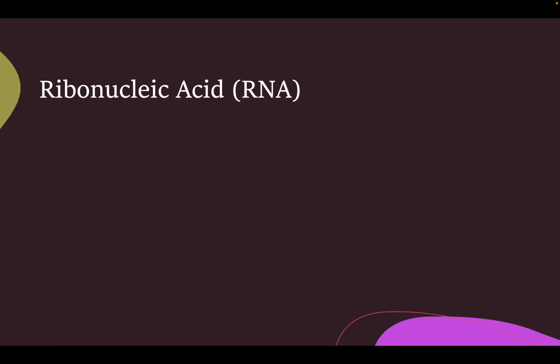So the important thing about RNA is it consists of a single strand. Instead of DNA, which consists of two strands, the double helix, the RNA is a single helix. And RNA is much more abundant than DNA, because from one DNA you can form different kinds of RNA.